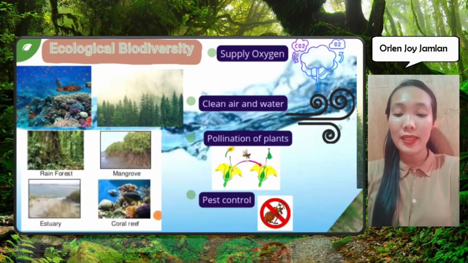In turn, plants and animals breathe in oxygen and exhale carbon dioxide. Next, clean air and water. Trees and other vegetation absorb pollutants such as excessive nitrogen dioxide, ozone, and particulate matter through their leaves and needles, and thereby help to improve air quality. And also, biodiversity improves water quality and helps ecosystems to withstand pressure from pollution.